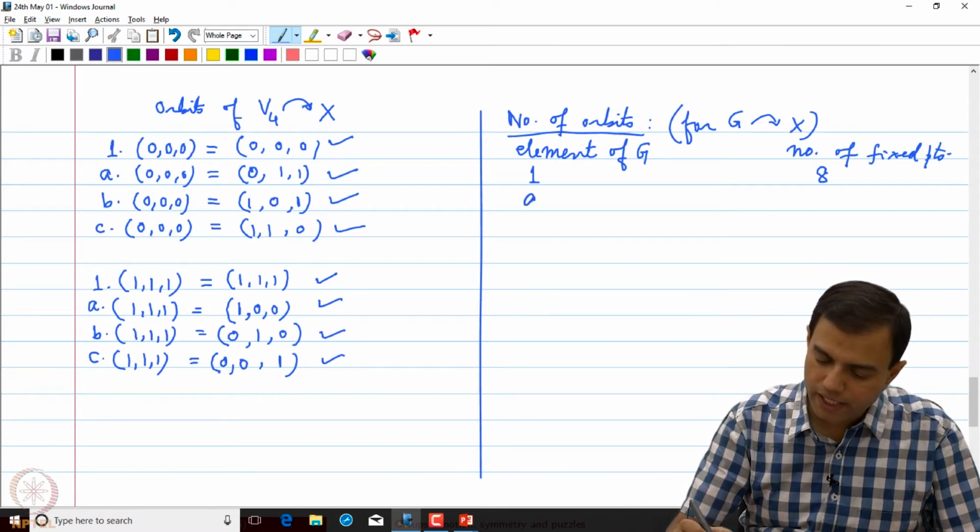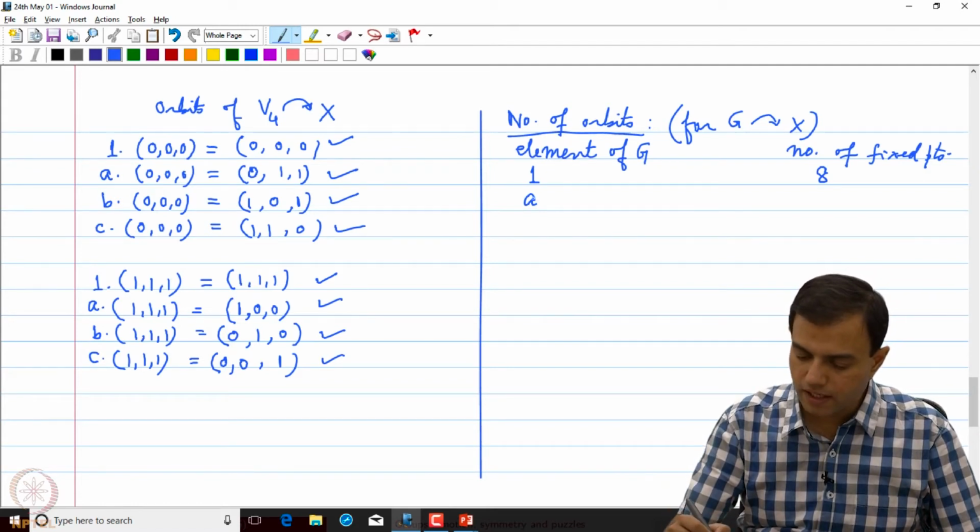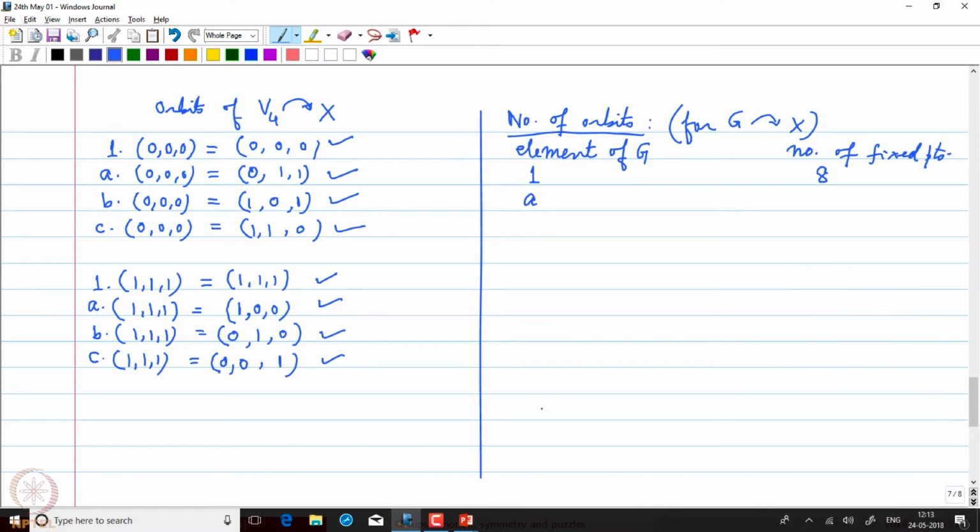What if I pick A? How many elements are fixed? So let's see. If A acts on anything, it's not going to be fixed, right? Because the other two positions will change. So the number of fixed points is 0.